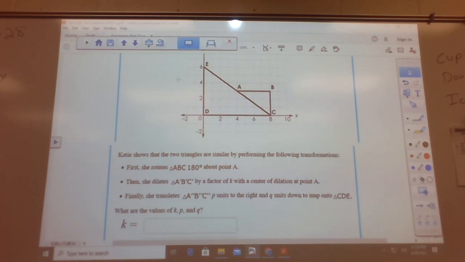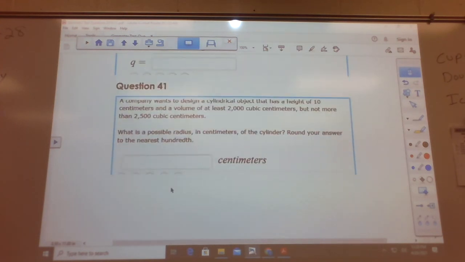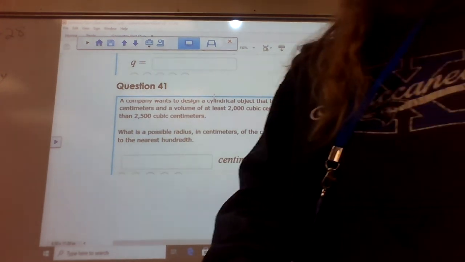This one is kind of a multiple transformation. It says you rotate, you dilate, you translate. So you do all sorts of stuff on this thing. 41, you're looking at a cylinder. So you're probably going to need your formulas for a cylinder. So start looking at it. Tomorrow I'll give you a little bit more time, and then we'll go over that.